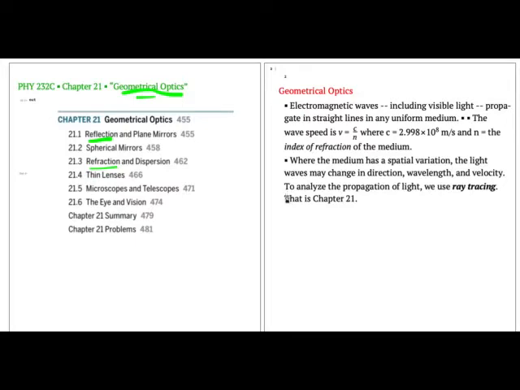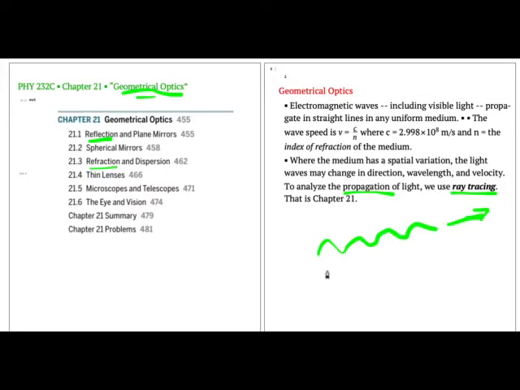And to analyze the propagation of light, just the motion of the light in its direction, we use what's called ray tracing. And that's the subject of chapter 21. So we'll say if there's a light wave traveling through a uniform medium, let's say through glass in some direction, well, for this week, we won't consider the wave oscillations.